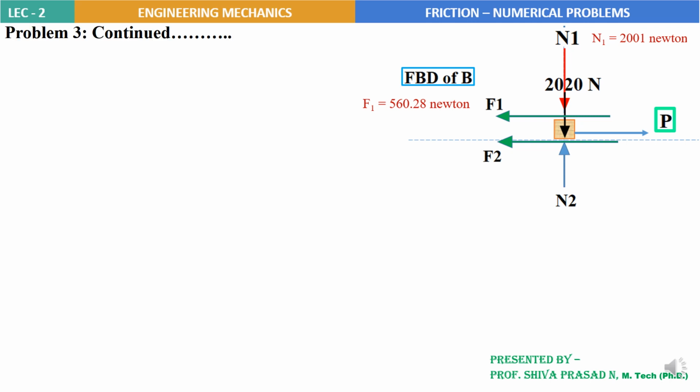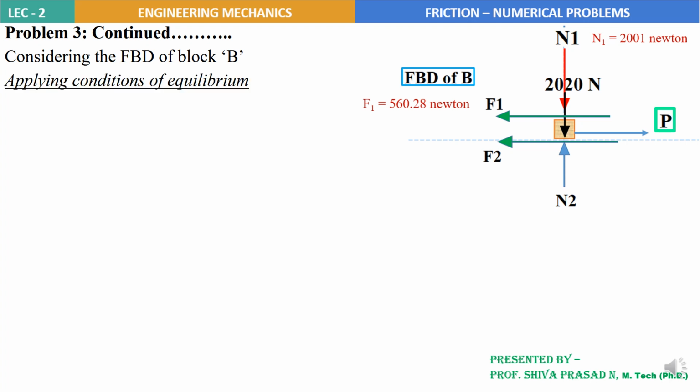Continuing this, considering the free body diagram of block B, applying conditions of equilibrium, sigma V equal to 0 and sigma H equal to 0. Sigma V equal to 0, so what are all the vertical forces? N1, N2 and the weight of block B, 2020.